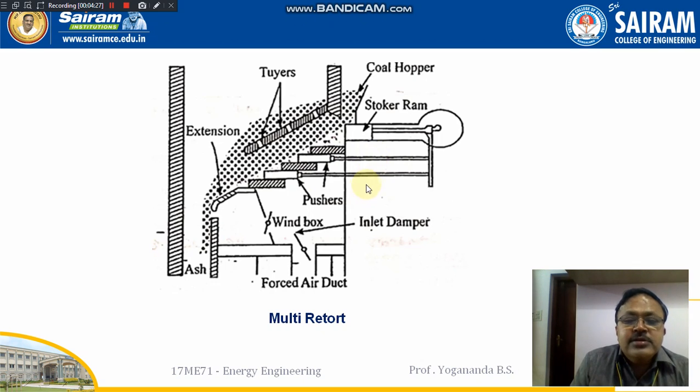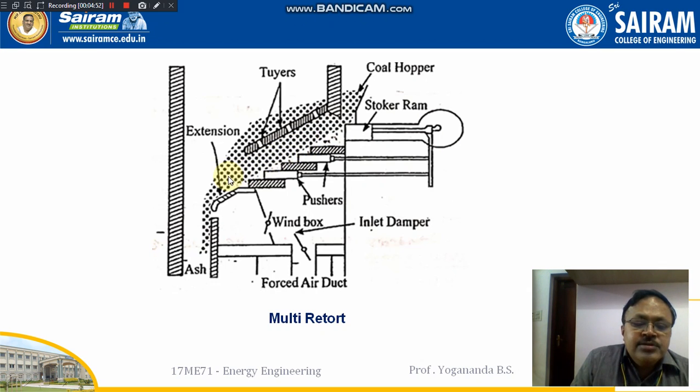horizontal retorts. The coal is fed from the coal hopper. The coal flow is taking place in the inclined direction. During its journey, the piston movement is moving inwards and outwards, so the coal during its journey will get burnt.